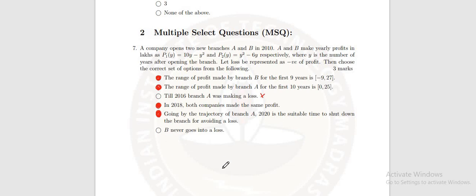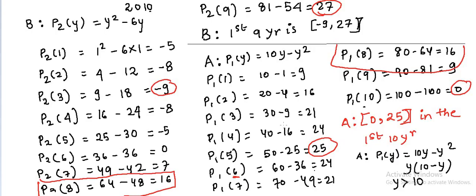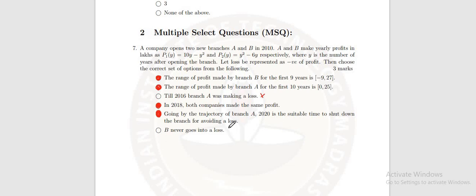Now the last option says B never goes into loss. Let's check whether B never goes into loss. No, it's not like that. In the first few years, you saw that B was in loss. So definitely this option is incorrect. So the correct options for question number 7 are A, B, D and E.